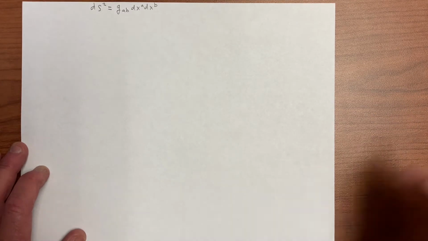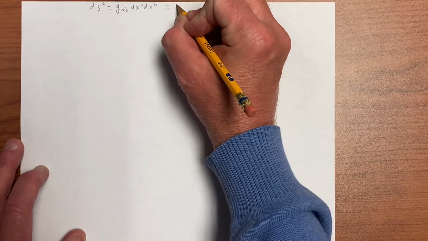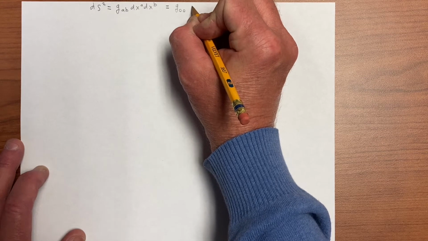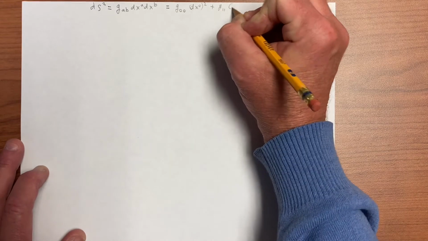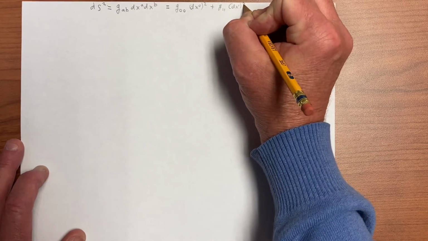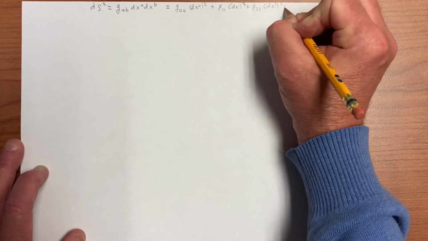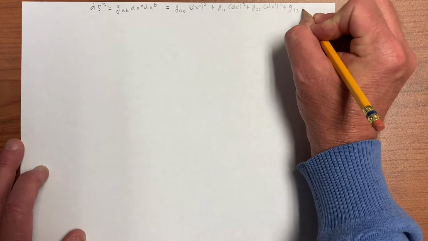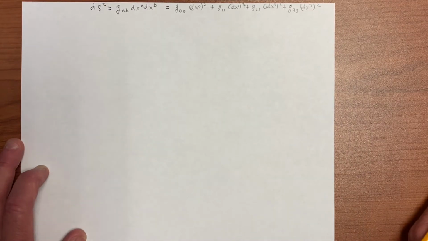We won't worry about what the actual values of these metric terms are, but such that we have g00 dx0 squared plus g11 dx1 squared plus g22 dx2 squared plus g33 dx3 squared.